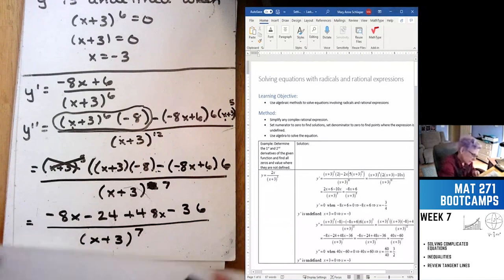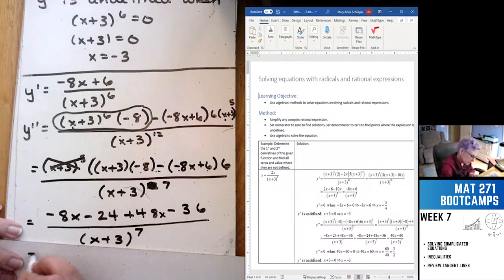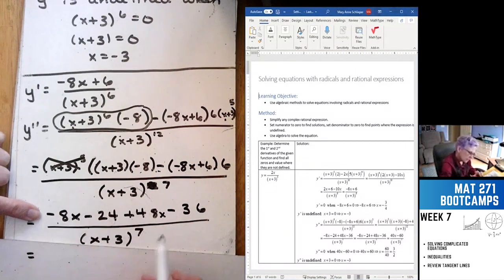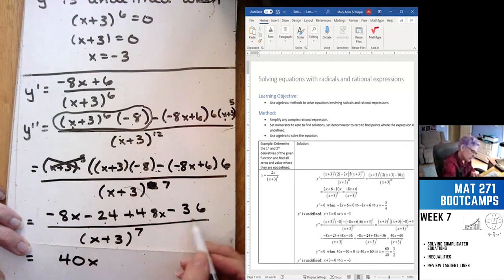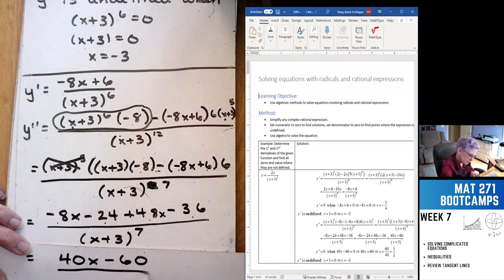And now let's combine stuff. I have a minus 8x plus 48x. That gives me 40x. And then minus 60 over (x+3)^7.